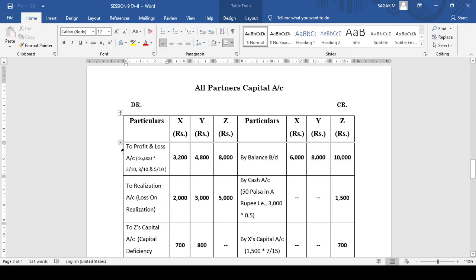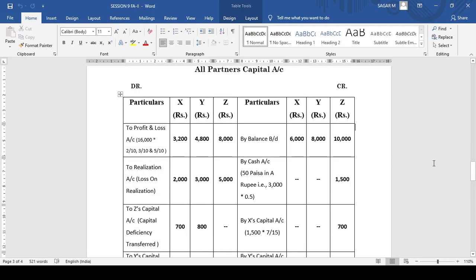We have accumulated loss on the asset side, that is P&L account, 16,000. So 16,000 into 2 by 10 for X, 3 by 10 for Y, and 5 by 10 for Z. After doing this, you need to transfer the realization loss.